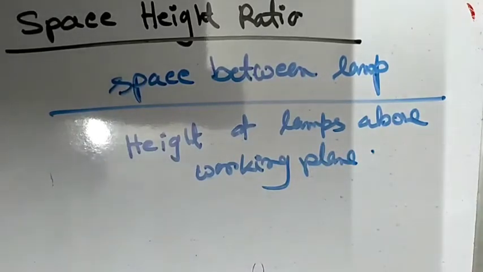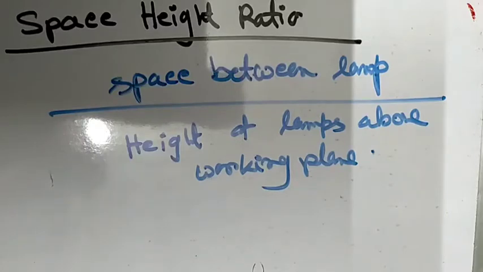Okay, now space height ratio employed with dispersive type of reflectors, fluorescent lamps and other direct fitting is 1.5, and with concentrating reflectors it is 1.